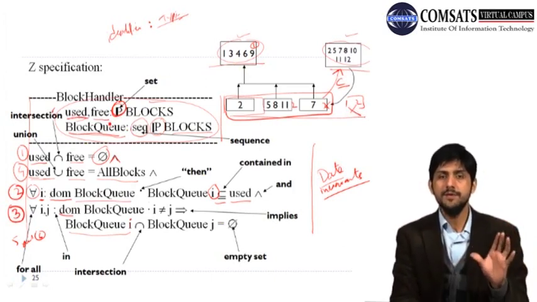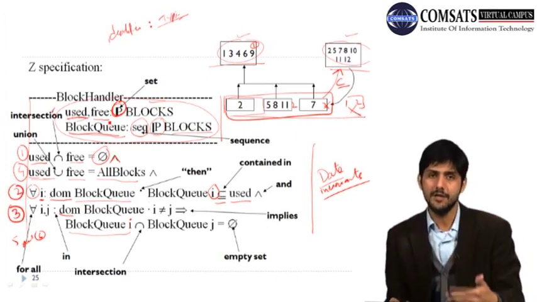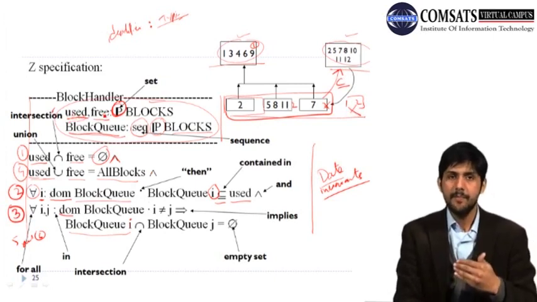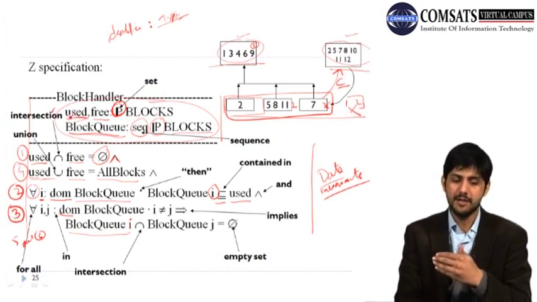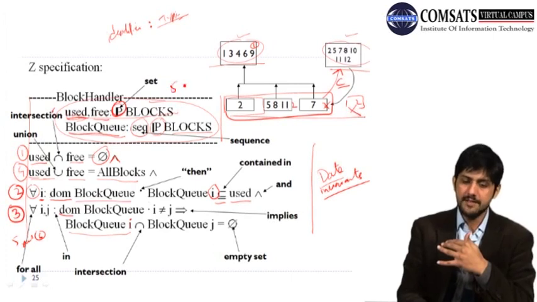This is part of the definition of a set. And by definition, when we say that used and free are 2 sets of blocks, we are actually ensuring that there is no repetition in them. So by definition, the invariants 5 and 6 are handled here.